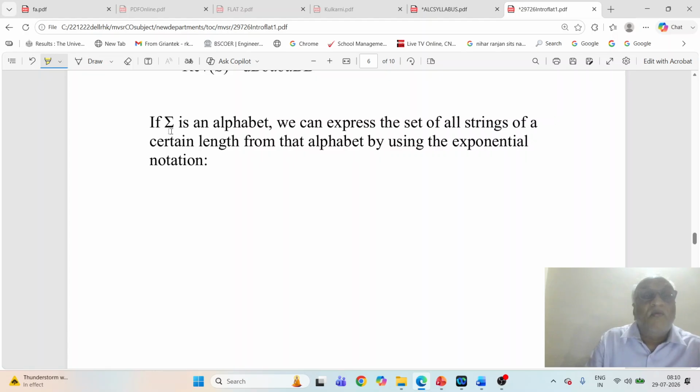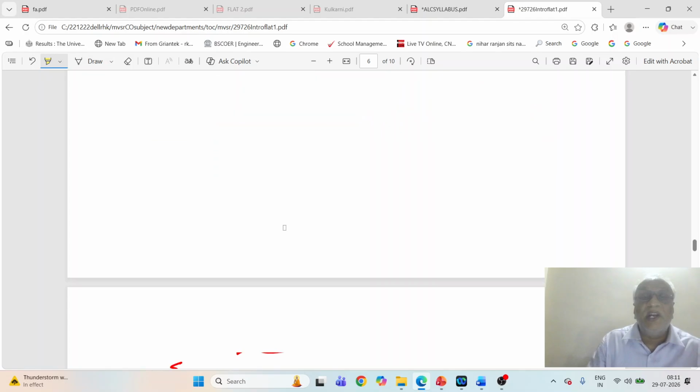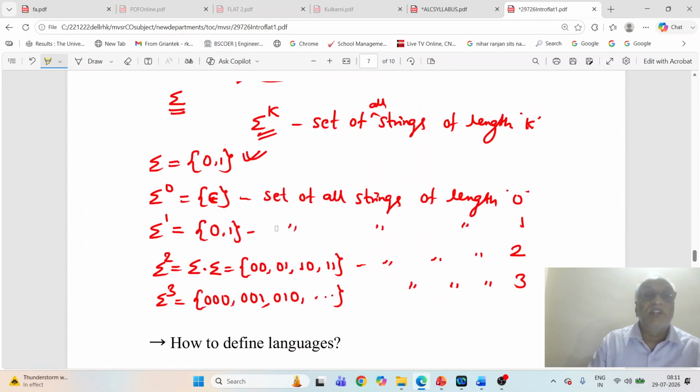Now, what is sigma? Sigma is an alphabet, and suppose we have some set of strings of a certain length in an alphabet. They can be denoted using the exponential notation. For example, sigma to the power of 0 is the set of all strings of length 0.